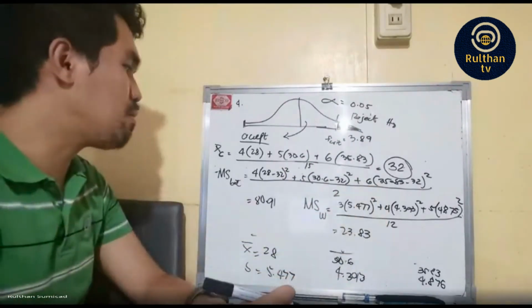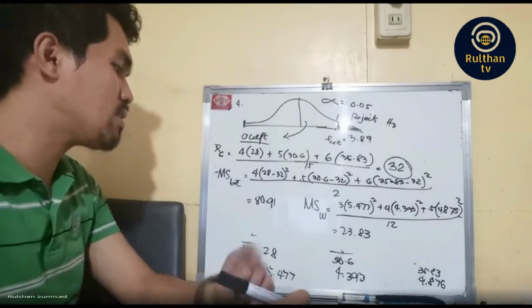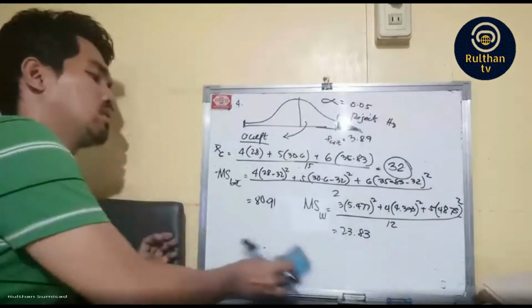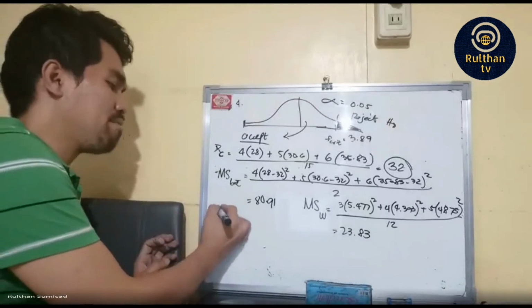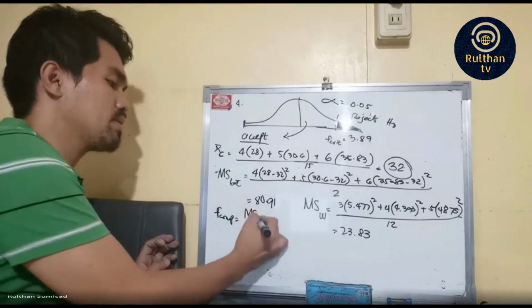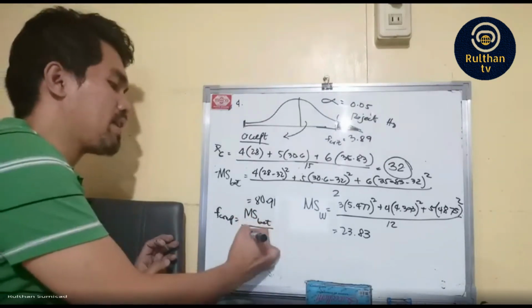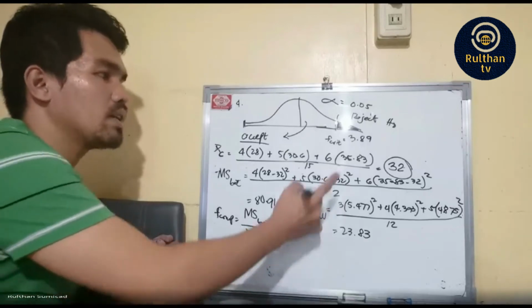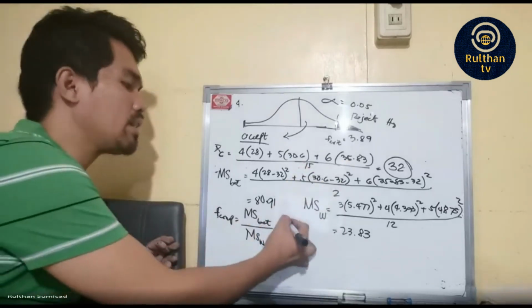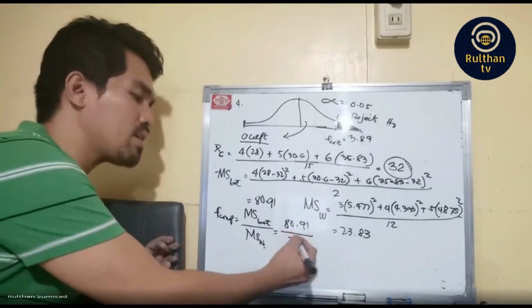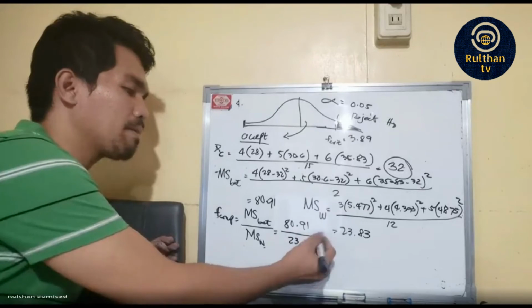We have already our MS between and MS within. Let's solve for our F computed. F computed is MS between divided by MS within. Our MS between is 80.91, divided by our MS within, which is approximately 23.83.